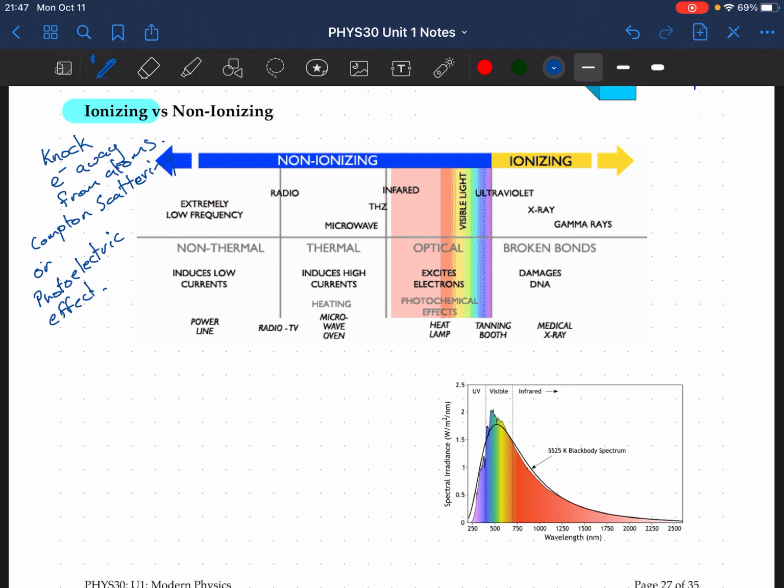So ionizing radiation has the ability to give an electron enough energy to leave its atom or molecule. Non-ionizing radiation does not have that ability.